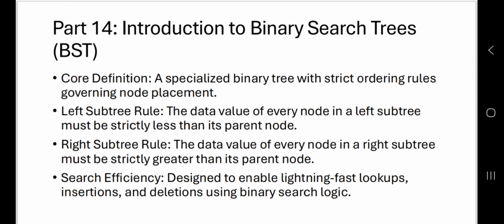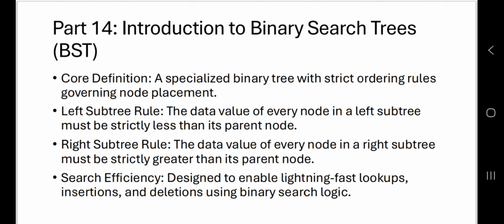Introduction to binary search tree (BST). So now let's look at a powerful variation, the binary search tree (BST). Its core definition is a specialized binary tree with strict ordering rules governing node placement.